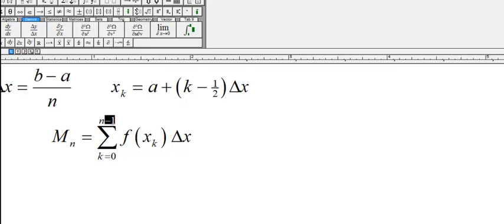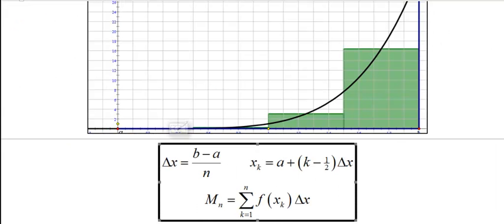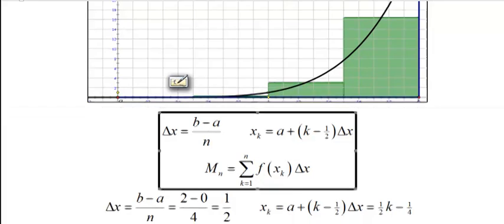We're going to sum from 1 to n of f of x sub k times delta x, and we've done this so that when you plug in k as 1, notice we're moving over half of a delta x to get to the middle of the first interval. K is 2, we've gone over 1.5 delta x's, that puts us in the middle of the second interval, and so forth, to find the height there times the delta x. So that's our general formula.